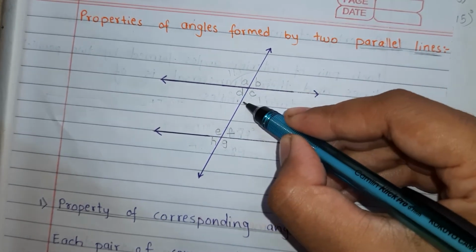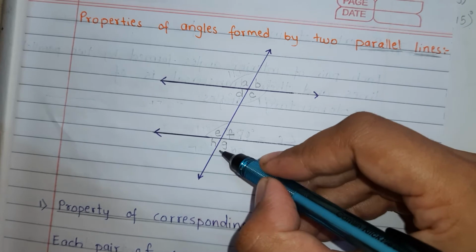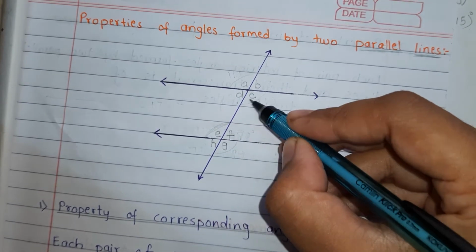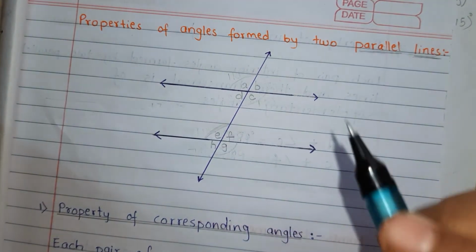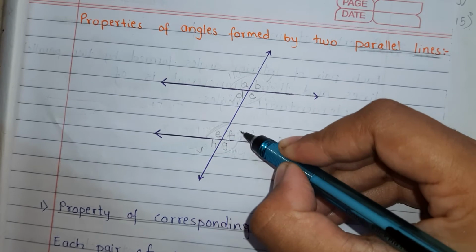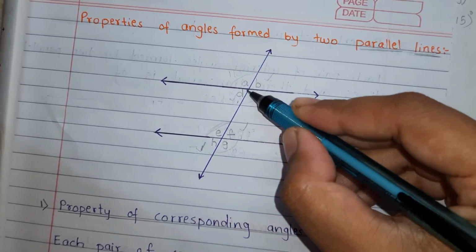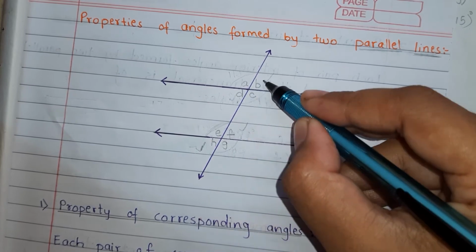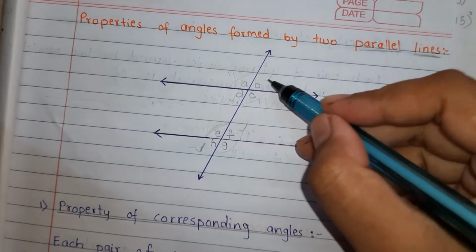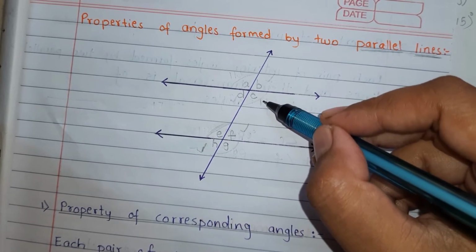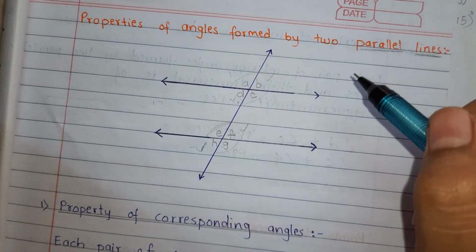See, A, C, E and G. So remember this thing, all obtuse angles will be the same and all acute angles will be of same measurement. So when 8 angles are formed, in these 8 angles you will have only 2 measurements.